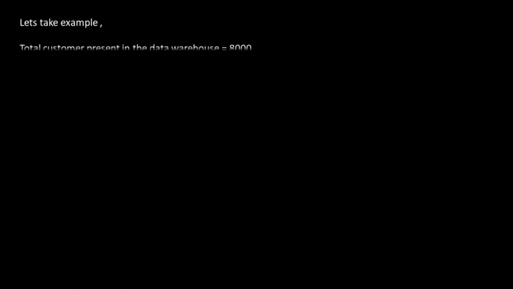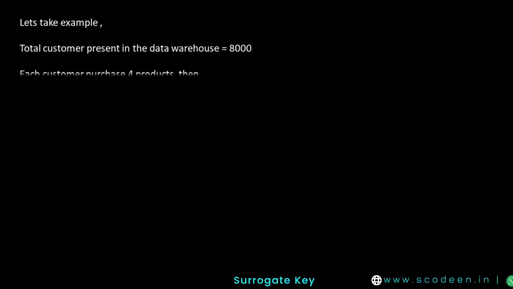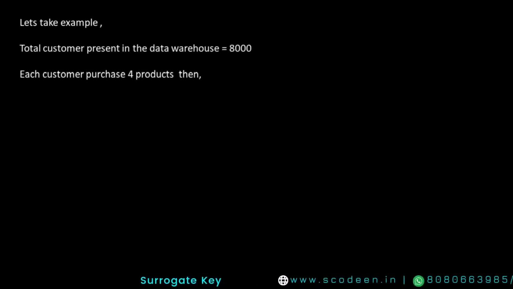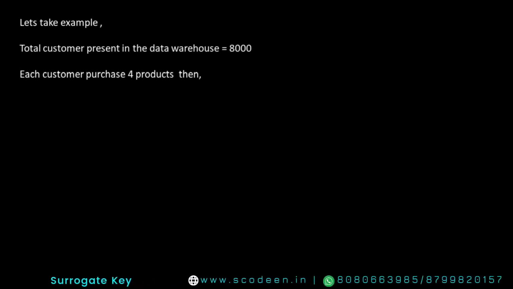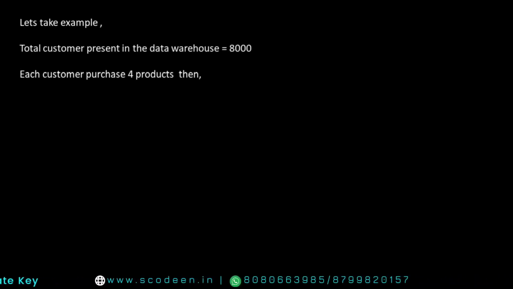Let's take an example, guys. Assume the total number of customers present in the data warehouse is equal to 8,000, and each customer purchased 4 products, that is 4 product IDs. The total number of surrogate keys will be 8,000 times 4, that is equal to 32,000 surrogate keys. Surrogate keys in the fact table will be 32,000, obviously.